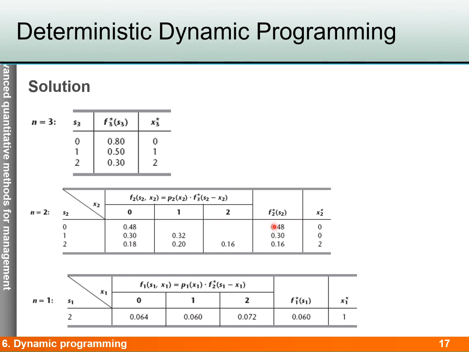So this 0.48 comes from selecting 0 scientists. This 0.30 also comes from selecting 0, and this 0.16 comes from selecting 2 scientists. Okay, so we form this column as well.